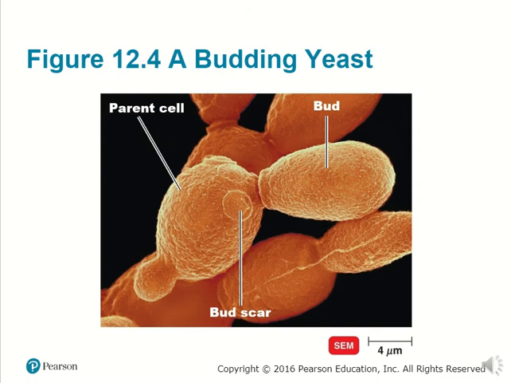This is just an example of budding, which involves a beginning parent cell and then a daughter cell branches off at one section of that original parent cell. And bud scars can form where one bud originally branched off and broke off.